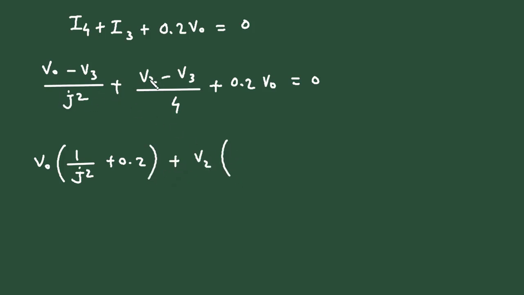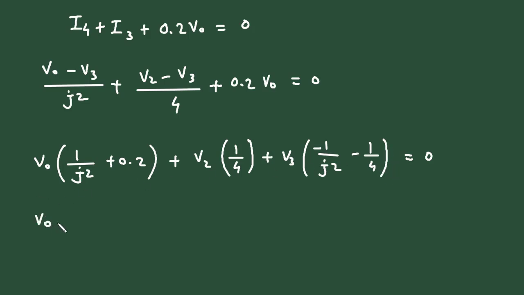So here V2 is 1 upon 4, then plus V3. So for V3 it will be minus 1 upon j2, minus 1 upon 4, then it is equal to 0.